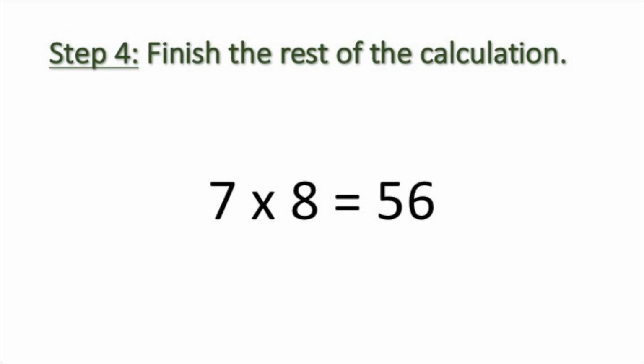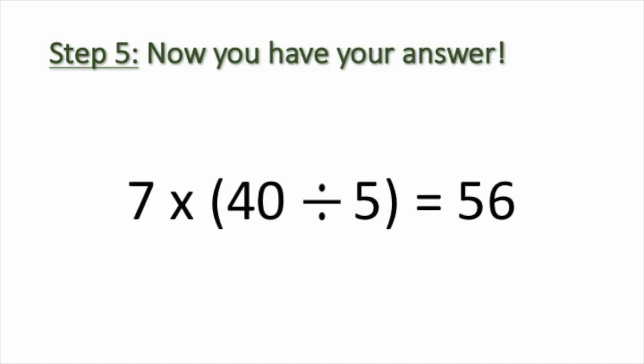Perfect. 7 times 8 equals 56. So, going back to our original combined operation, we can say 7 times 40 divided by 5 equals 56.